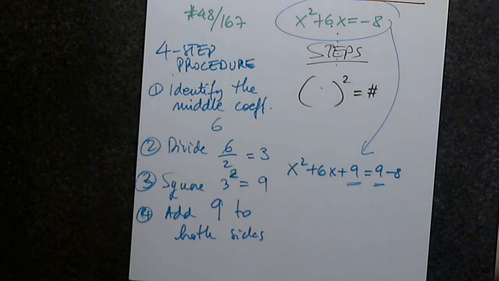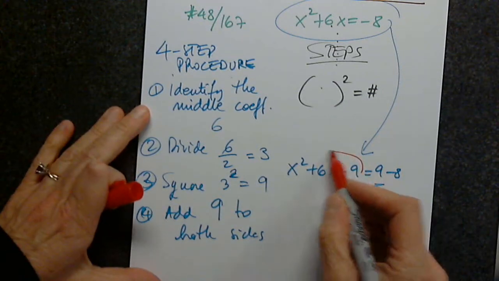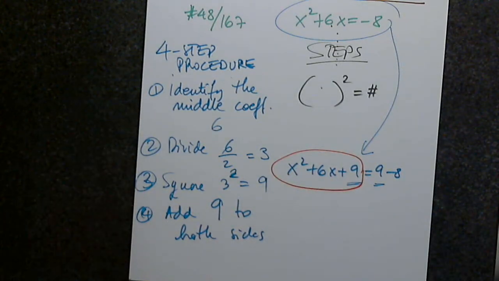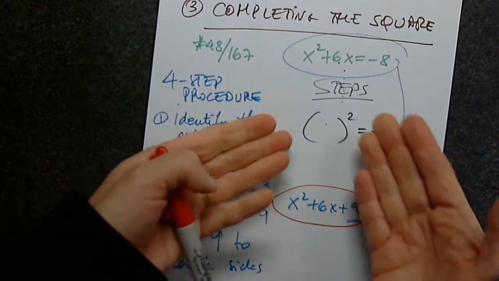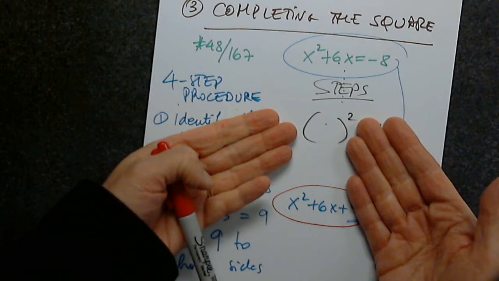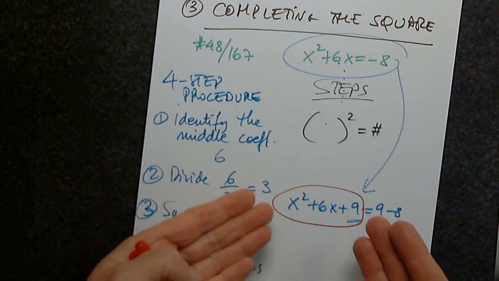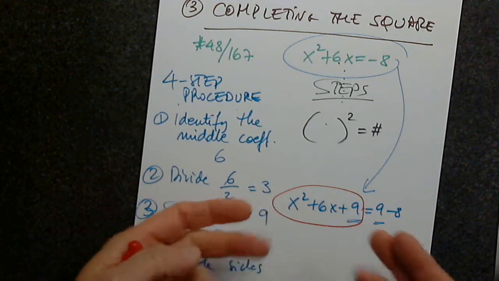Okay, so now I know what this is because I just reviewed factoring. It's a trinomial, it's in descending order, no negative leading coefficient, no greatest common factor. And I hope for a special product. Of course it's a special product because that's what I am looking for. That's what I want. I made this a special product.